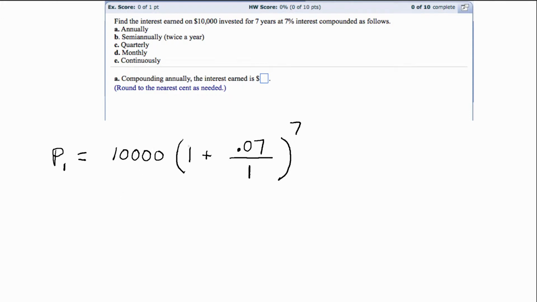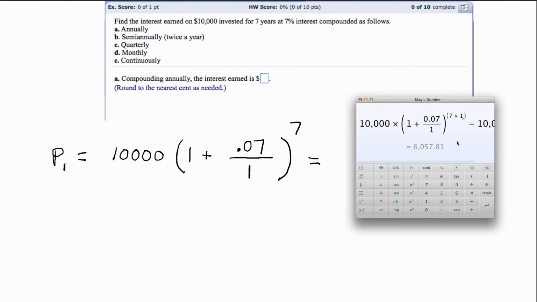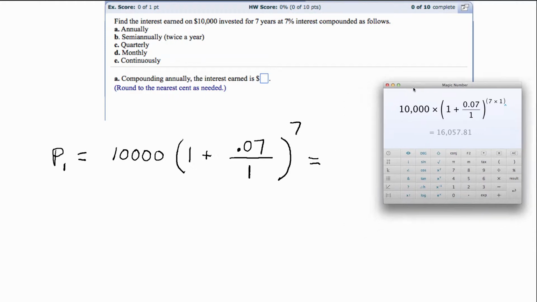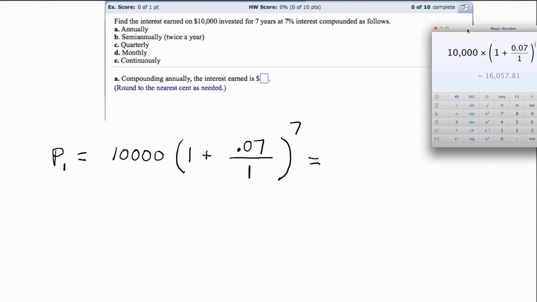That's the principal. Well, let's just calculate it. I want you to see what's going on here. And you would get 16,000 and, hold on, what is it?